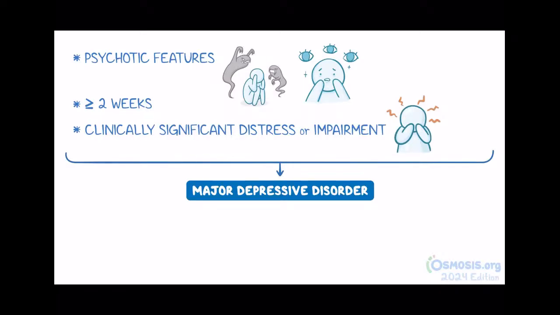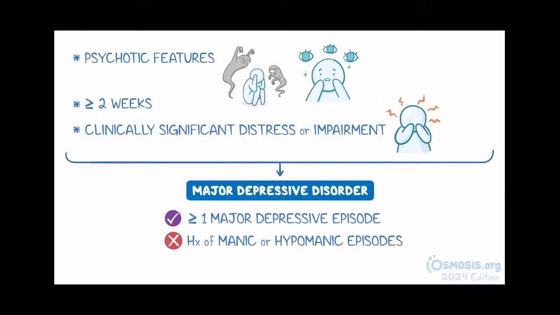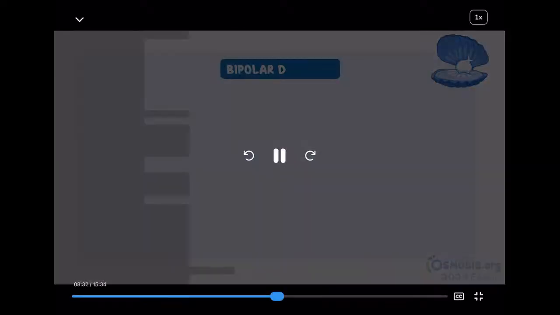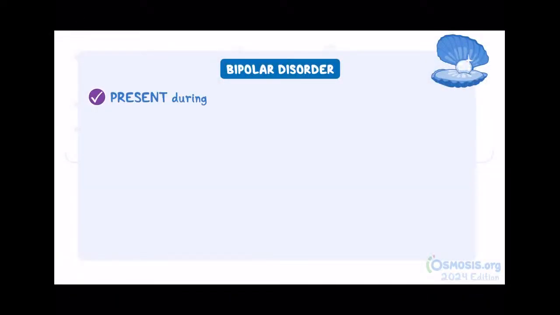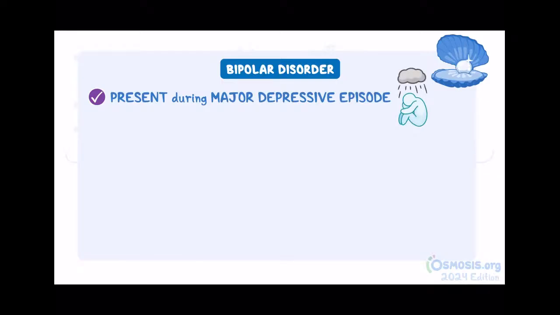Keep in mind that in order to diagnose major depressive disorder, your patient must experience at least one major depressive episode and have no history of manic or hypomanic episodes. Here's another clinical pearl. Individuals with bipolar mood disorders often present during a major depressive episode, making it crucial to assess all depressed patients for any history of mania or hypomania.